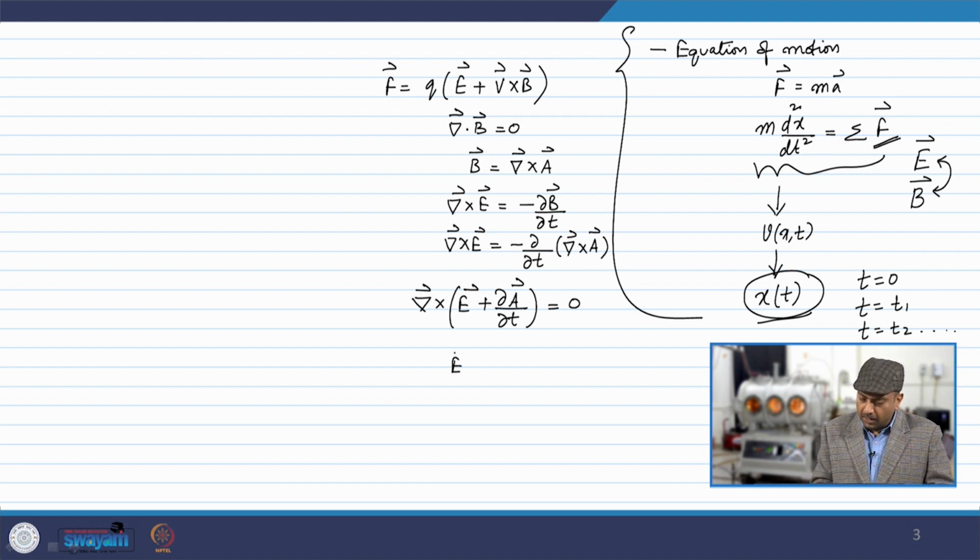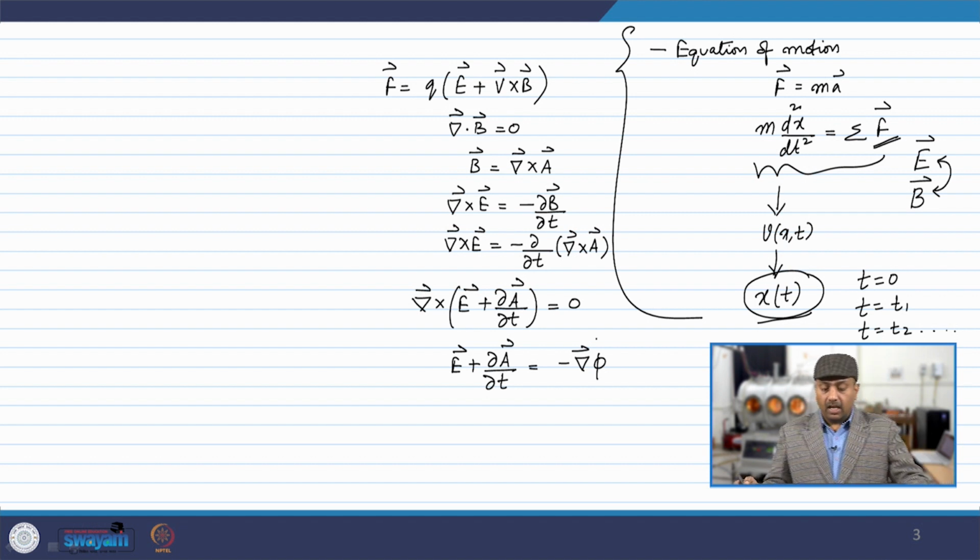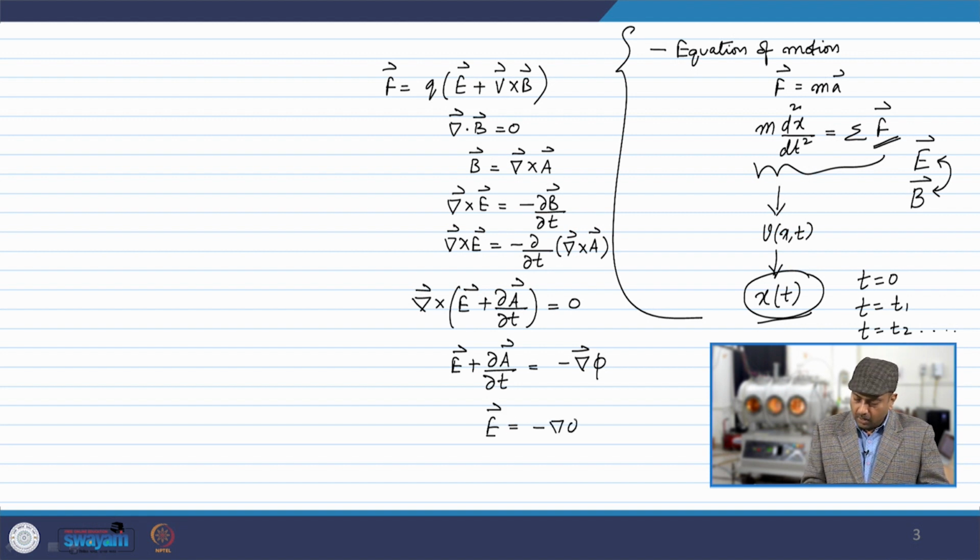So, E + ∂A/∂t is minus del phi. Electric field can always be written as the negative gradient of potential, right. So, electric field E can be written as minus del phi minus ∂A/∂t, right.